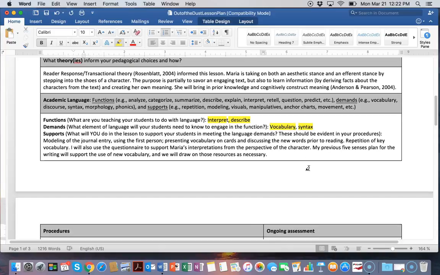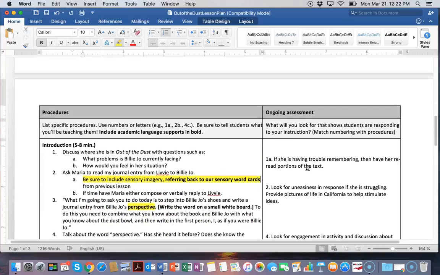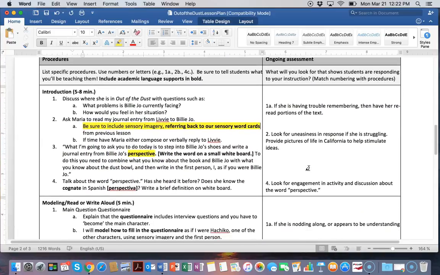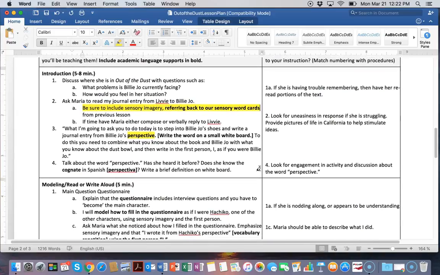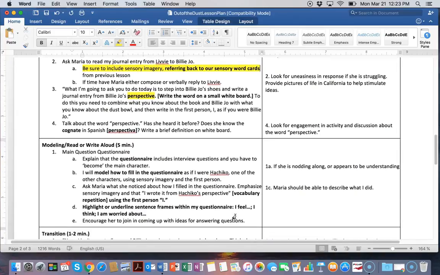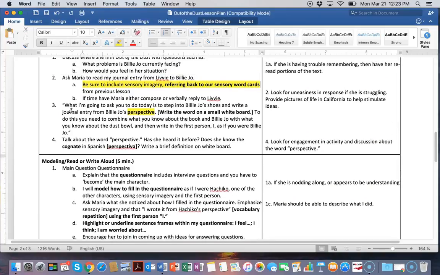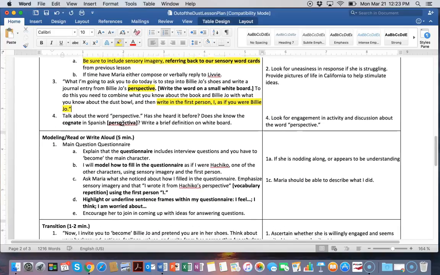So it's something that the tutor wants to make very explicit in her lesson. And you will see, for example, in the instruction, and in this very clear statement in the introduction to her lesson, she tells her student that she's going to have to be able to write in the first person, I, as if you were Billy Joe. Okay? So syntax is a part of this.